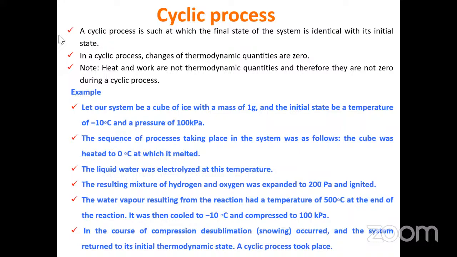The liquid water that the cube melted to was electrolyzed at this temperature, 0 degrees centigrade. When it was electrolyzed, it produced a mixture of oxygen and hydrogen. This is now a gas, and it expanded to 200 pascals.